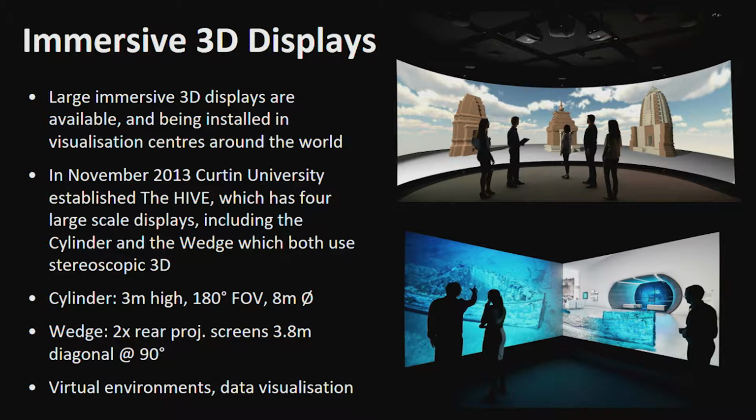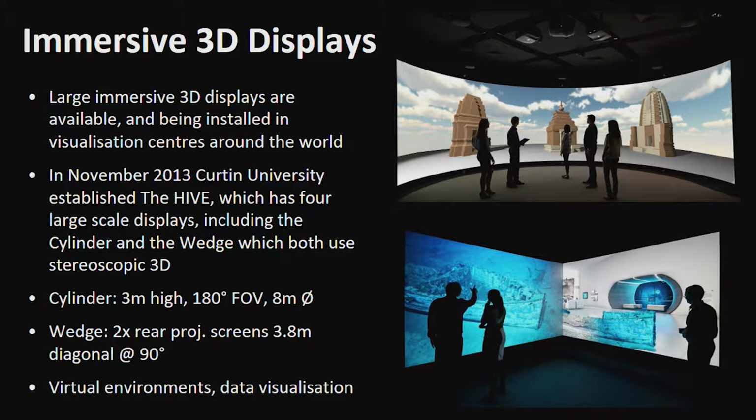So in the facility that we established at Curtin University in 2003, the space is a gallery space, 15 metres by 15 metres, and 4 large-scale displays are in each of the 4 corners of the facility. There's a lot of facilities installing large-screen immersive 3D displays, as we've seen in many of the presentations so far in this session.